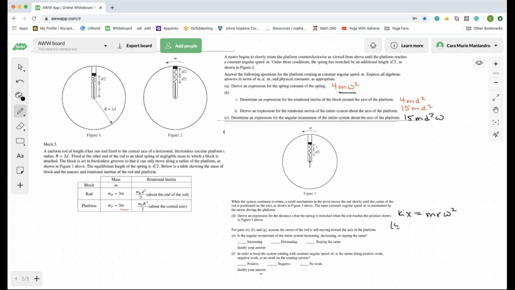So we have 4m omega squared x is equal to m, and then what is my r? If I look at the figure, it looks like it would just be d plus x. So d plus x, and then omega squared.